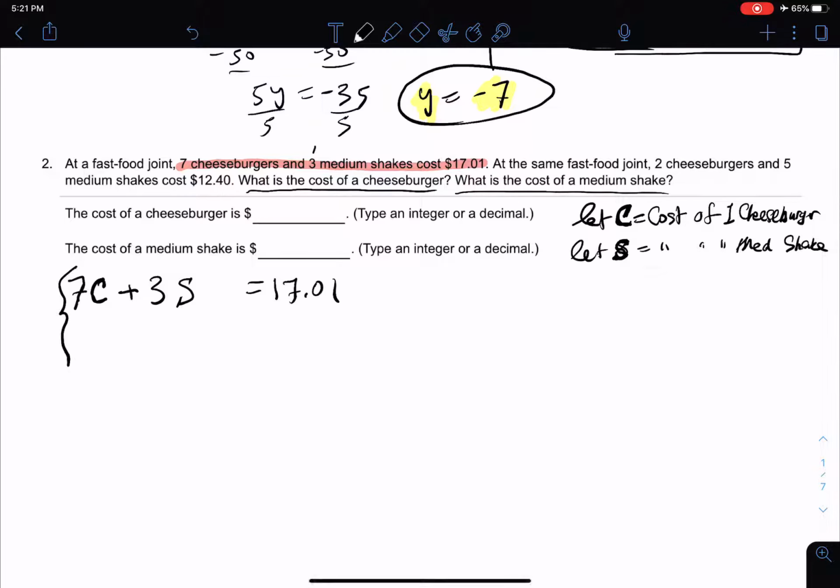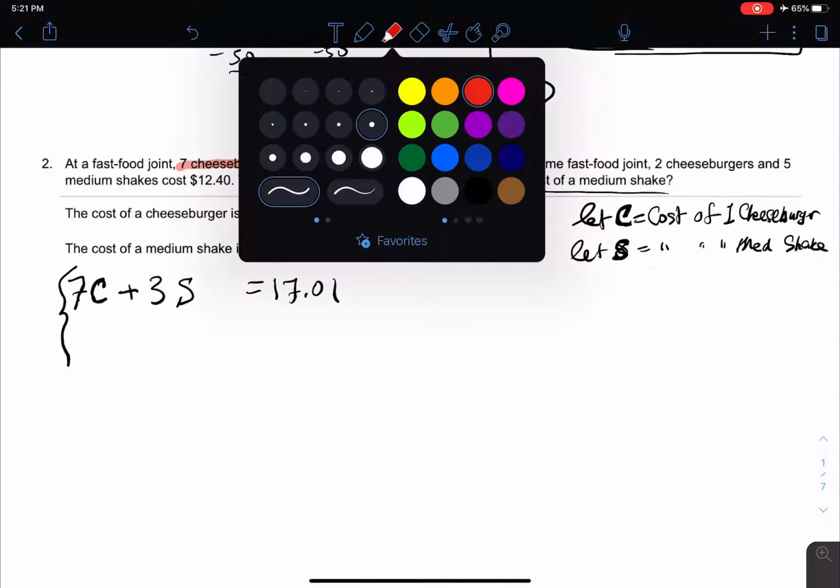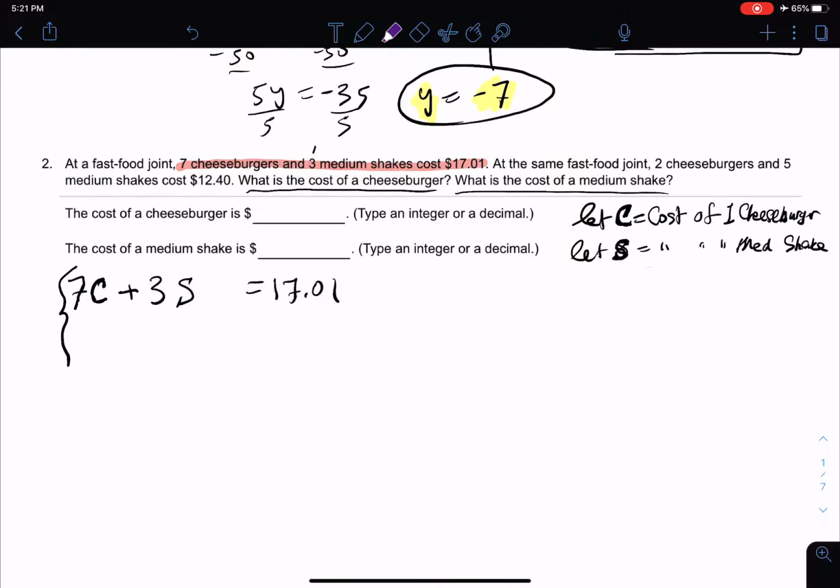A similar line of logic is reading the next line, which had at the same place, 2 cheeseburgers and 5 medium shakes cost $12.40. So that would be 2 cheeseburgers plus 5 medium shakes, and that's a cost of $12.40. So we just made 2 equations of the cost of those meals.